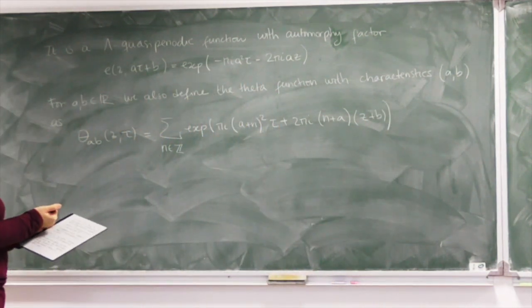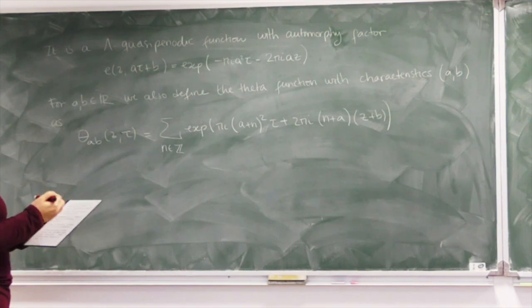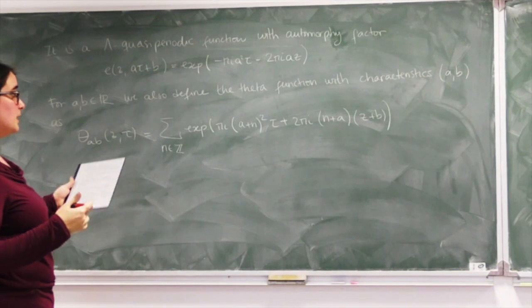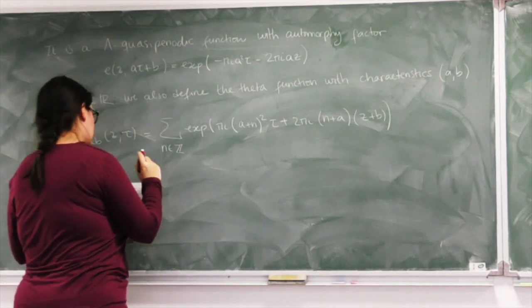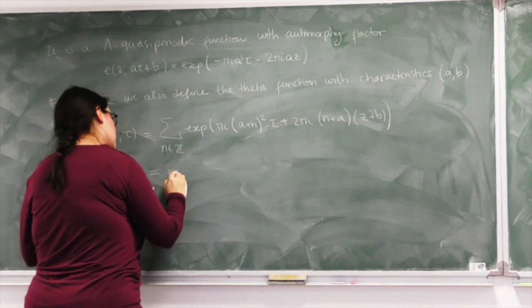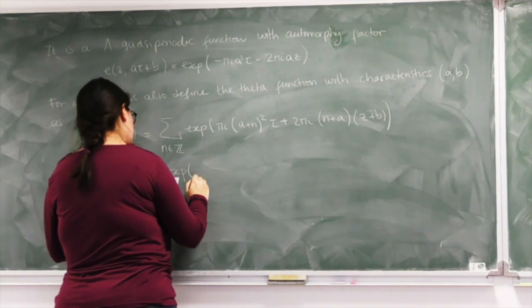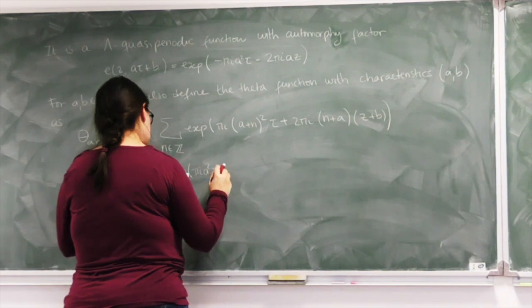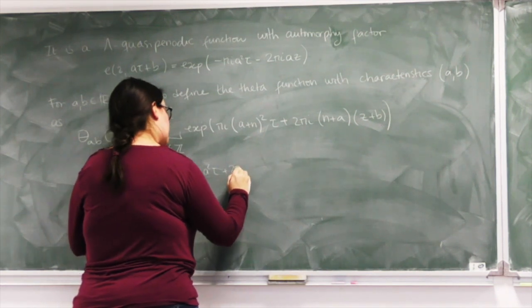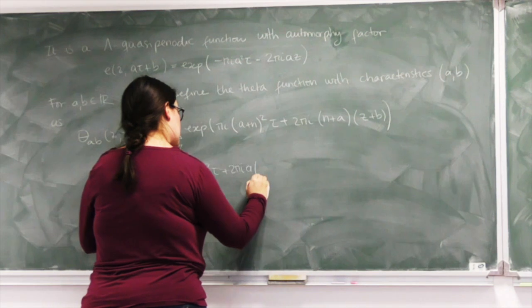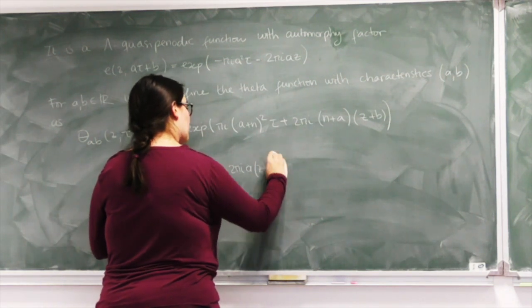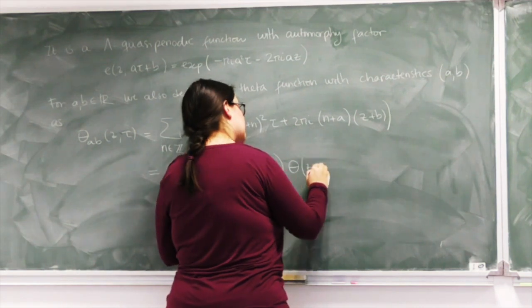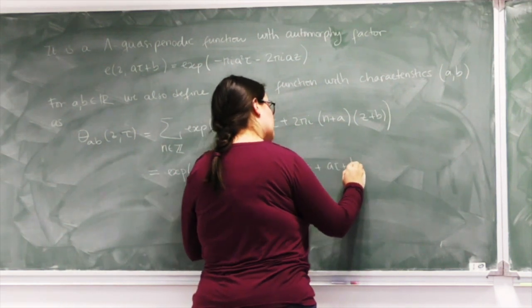So we have these a's and b's now added, and actually again another thing that you can try to prove by manipulating these sums is that this can be written as the exponential of pi i a squared tau plus 2 pi i a z plus b times the original theta function evaluated at z plus a tau plus b.